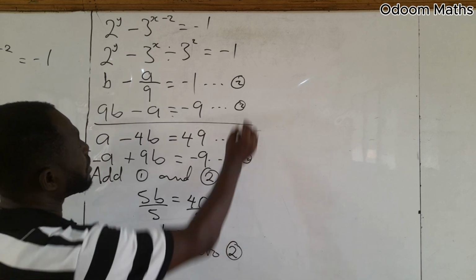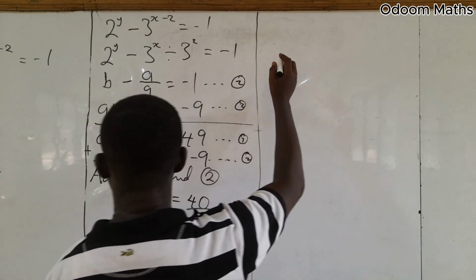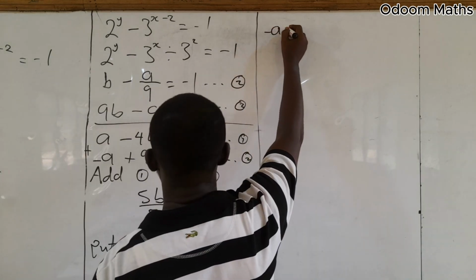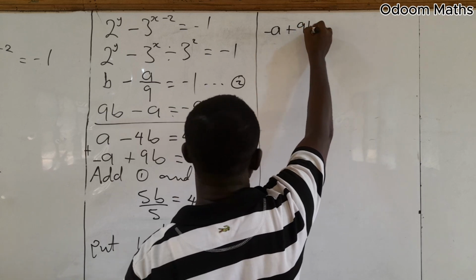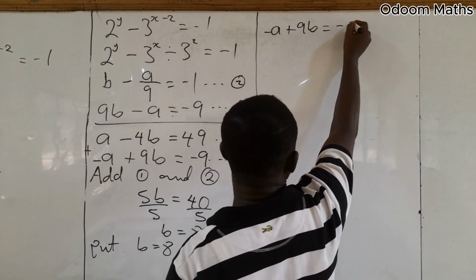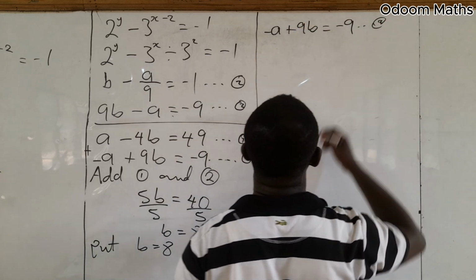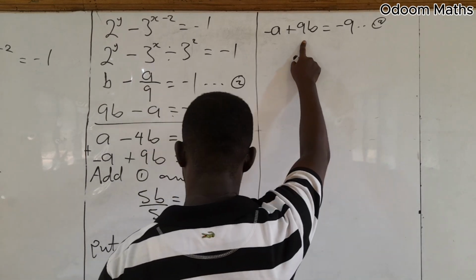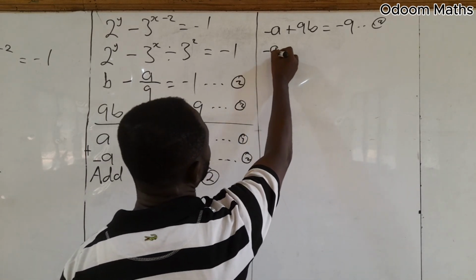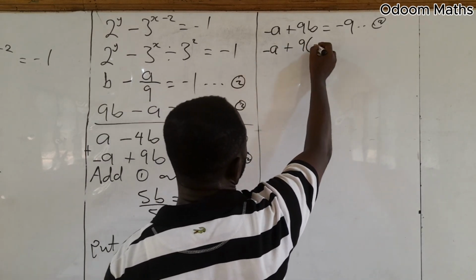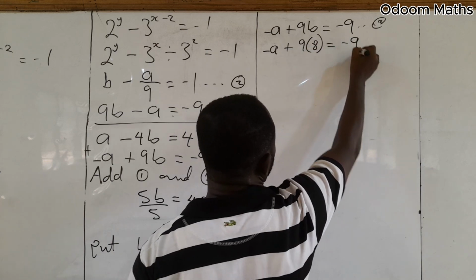Then we put b equals 8 into, this time, equation 2. Equation 2 is giving us negative a plus 9b equals negative 9. Where I see b, I'll put 8 there. So negative a plus 9 into brackets 8 equals negative 9.